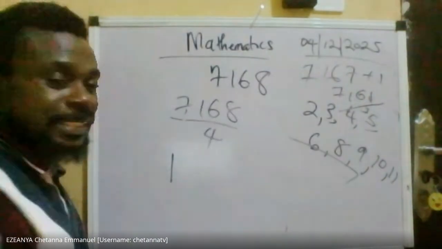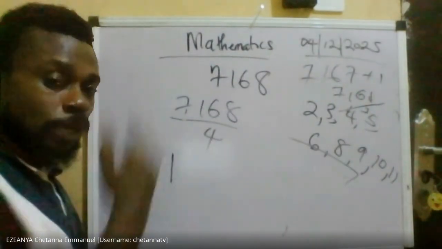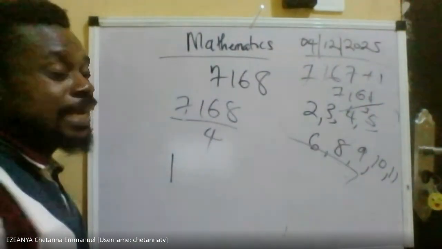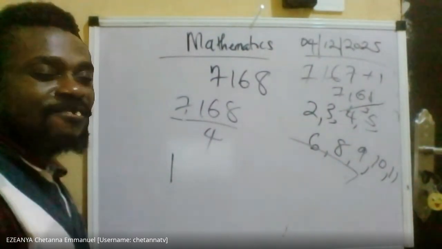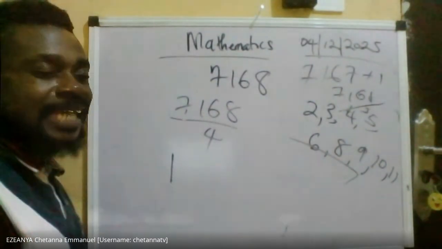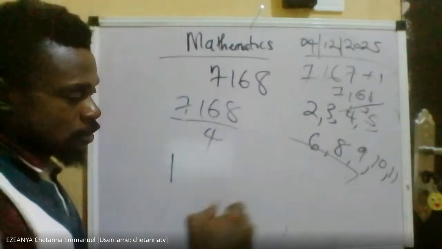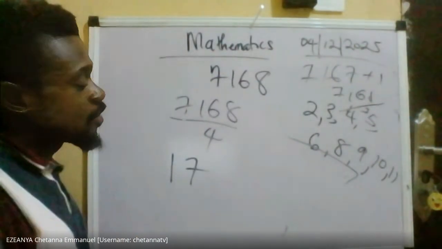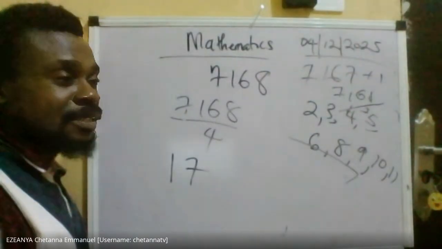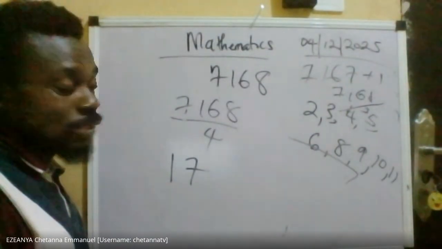Add it to this 1. 30 plus 1 is 31. You keep dividing. 31 divided by 4. How many 4s can we find inside 31? We can find 7 4s, because 7 times 4 is 28. 31 minus 28 is 3. So the remainder is 3.